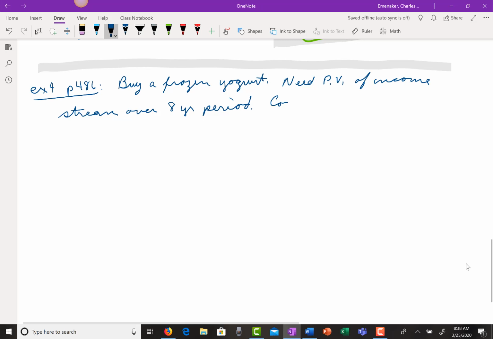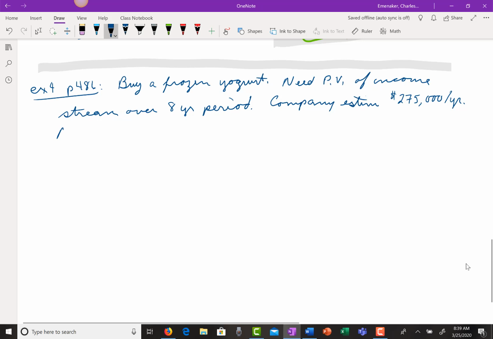The company estimates that your income stream is going to be $275,000 a year. Okay, and at $275,000 a year, what they're going to want to do for the present value is to say, all right, we're assuming that you're going to have an income stream of $275,000 a year.